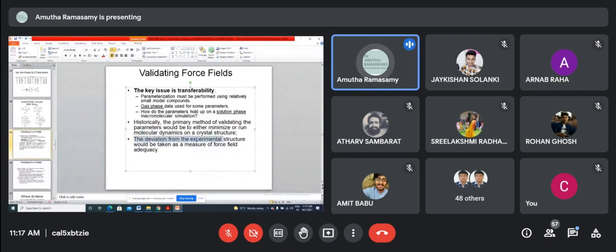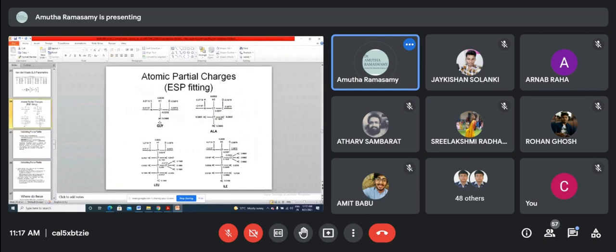Okay. So the deviation from the experimental structure would be taken as a measure of the force field's adequacy. Now we have to calculate error. We have experimental techniques, spectroscopic techniques, to identify everything.